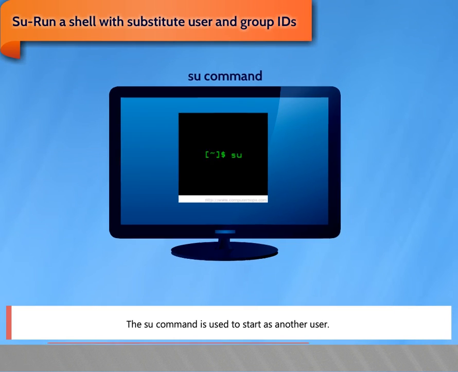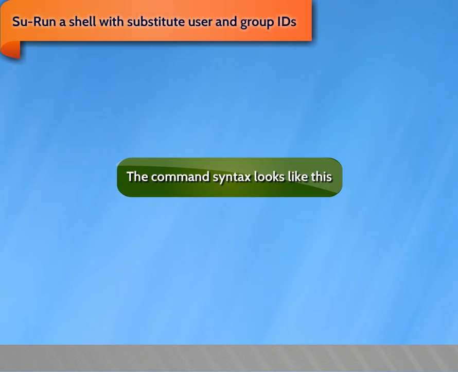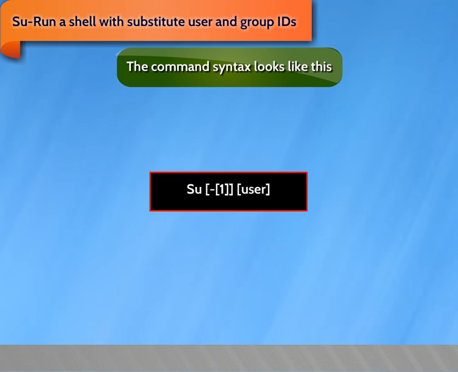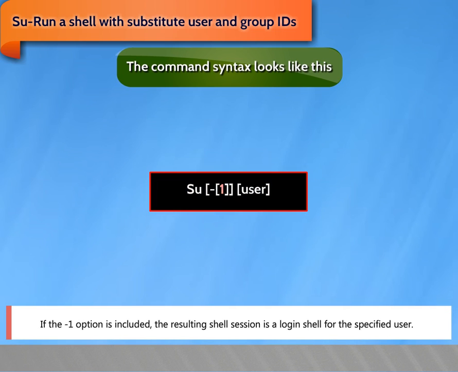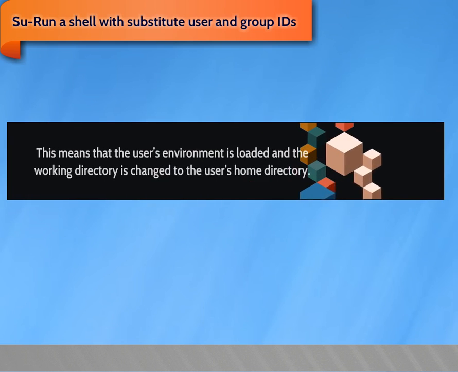The su command is used to start a shell as another user. The command syntax looks like this. If the -l option is included, the resulting shell session is a login shell for the specified user.